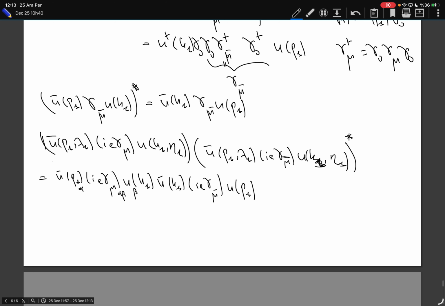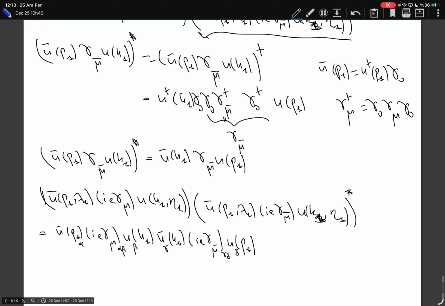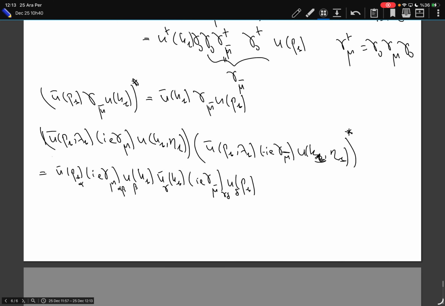Also, there was i inside, into complex conjugates. Oh yeah, sorry. So there is a minus sign over here. So basically I have i minus i, that gave me 1.